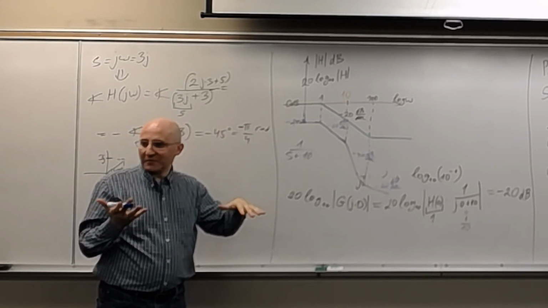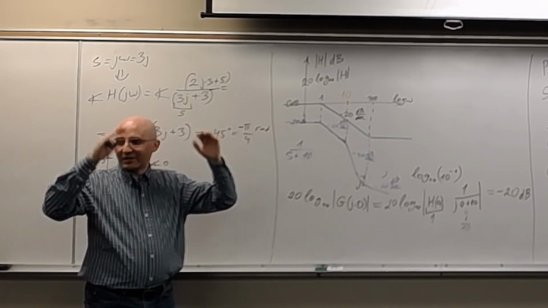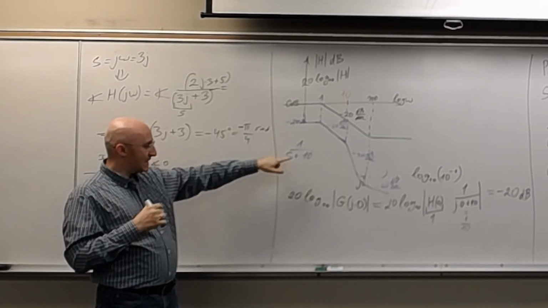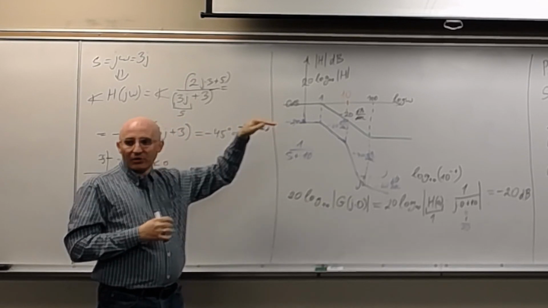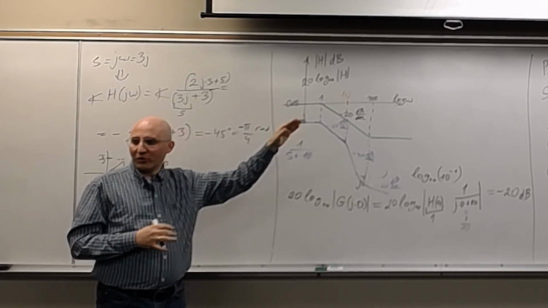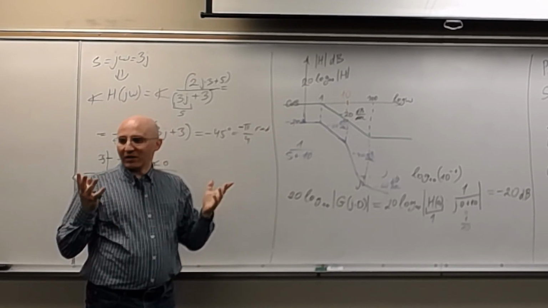Instead of shifting the entire thing and redoing the plot each time you add a single pole, you can just go from left to right, getting consequently to all of the poles and zeros, and then start going up or down depending on whether it is a pole or a zero. Okay, this is the overall idea.